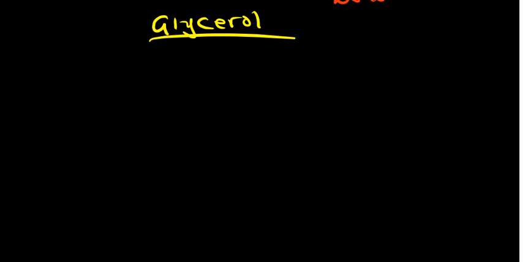Glycerol is just a simple lipid which has 3 carbons. So the structure of glycerol is like this. We have one carbon, another carbon, another carbon. So this is the structure of glycerol.